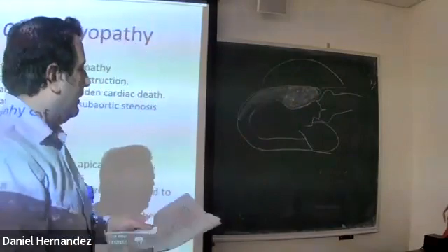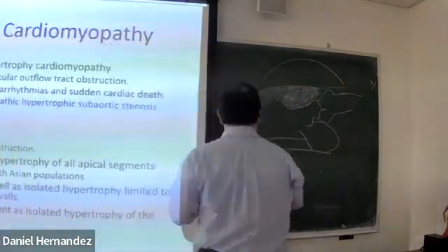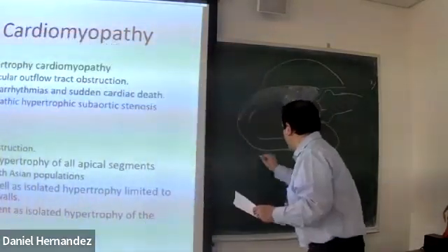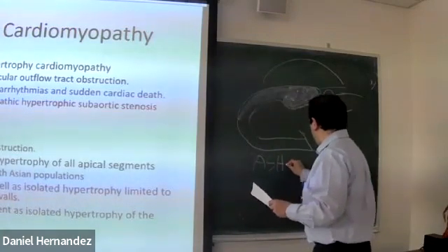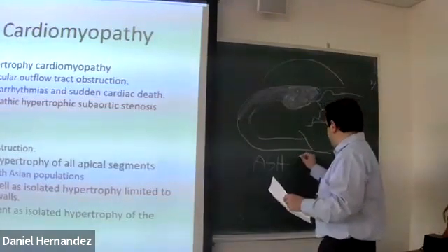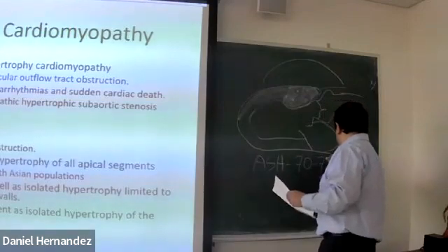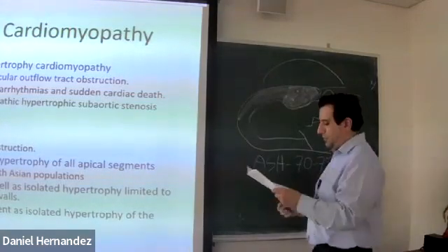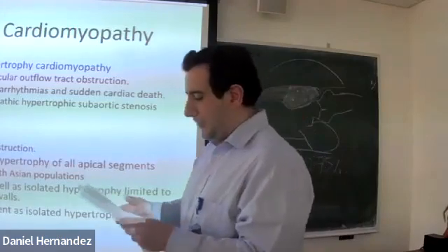So this ASH, or asymmetric septal hypertrophy, occurs in about 70 to 75% of hypertrophic cardiomyopathies.